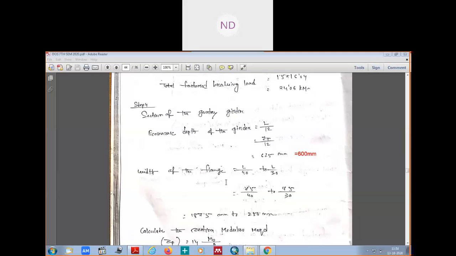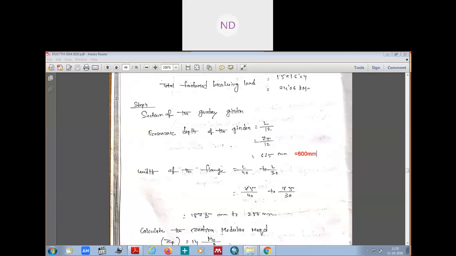For that economic depth of 600 mm, the width of the flange should be within the range of L by 42 to L by 30, which is 187.5 mm to 250 mm.